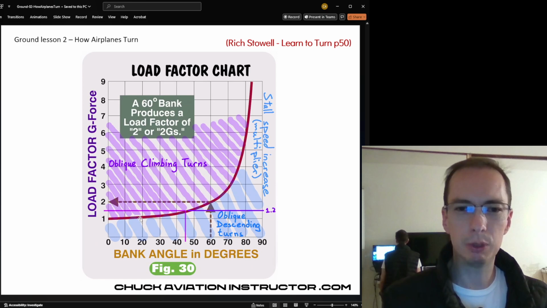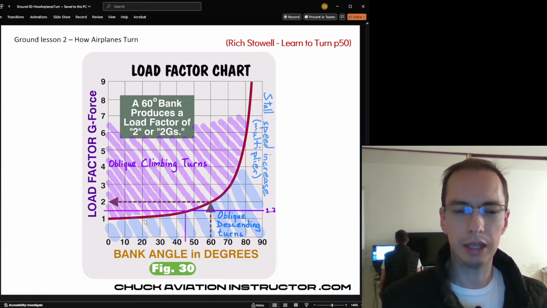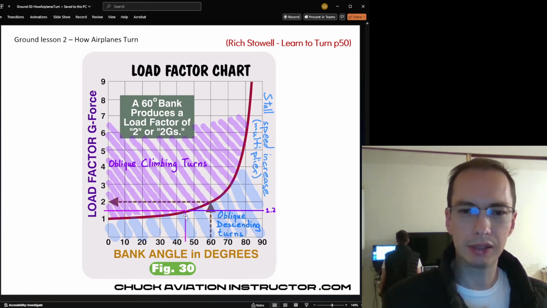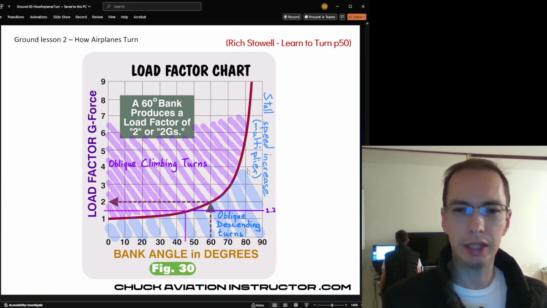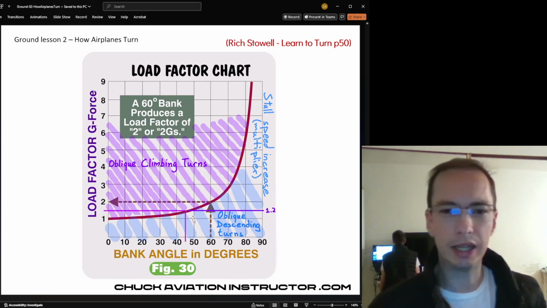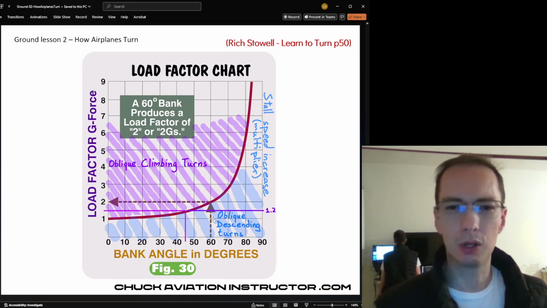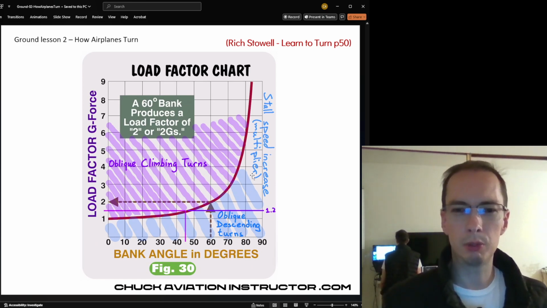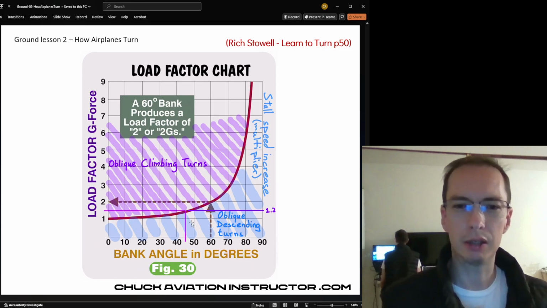But what happens if you just let go of the elevator and accept and take the altitude loss? Then your stall speed remains as it was originally. Or if you use less elevator and take a descent only at a slower rate than it would normally occur, then your stall speed is increasing, but not as much as if you were maintaining altitude.